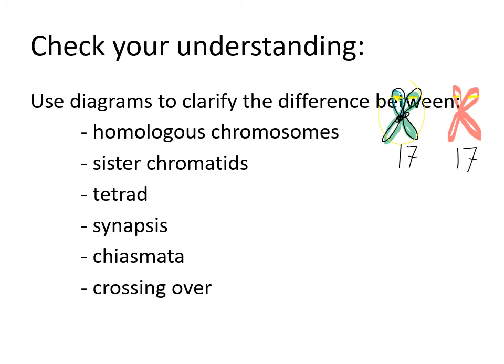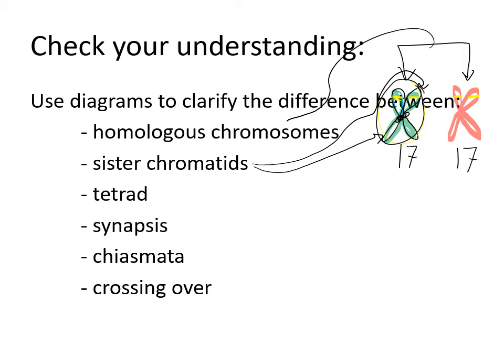You're getting that trait from your father and from your mother, but your mother's version might be slightly different than your father's version, though they do encode for the same trait. So we have our sister chromatids make up the two parts of a chromosome. So those are two identical copies within the chromosome. The pair of them, so this guy and that guy, are the homologous chromosomes.